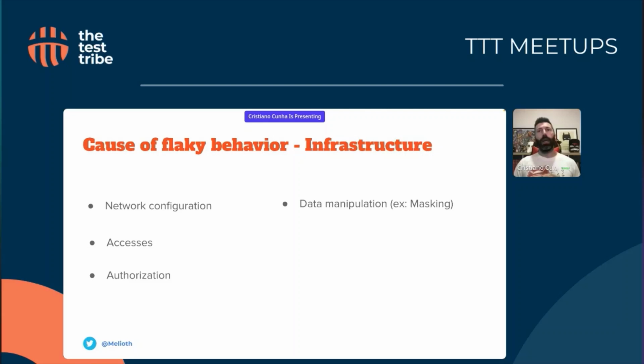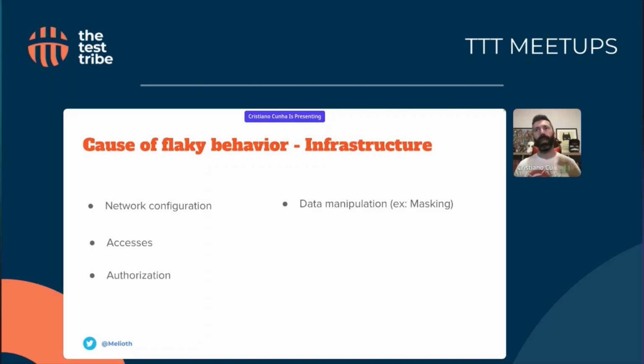And data manipulation, like I said, I put it here and I put it in tests because it's a little bit intertwined, because sometimes we will need to inject data through the test into the infrastructure in order to have the test passing. And sometimes we will need to have data pre-provisioned in the environment in order to have a more production-like experience.